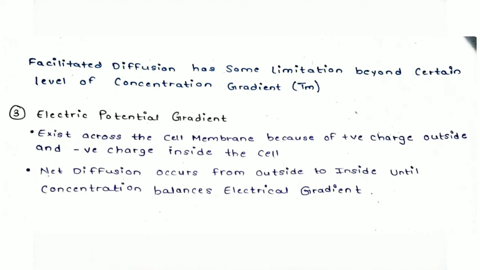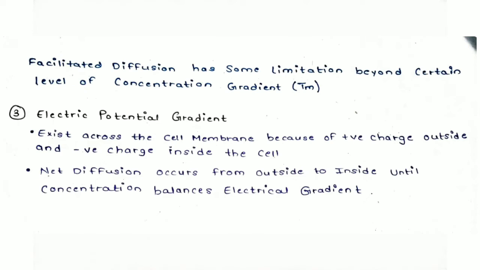The third factor is electrical potential gradient. An electrical potential gradient exists across the cell membrane because of positive charge outside the cell and negative charge inside the cell. When the concentration of negative charge on both sides of the cell membrane is the same, the positive charge outside the membrane attracts the negative ion.